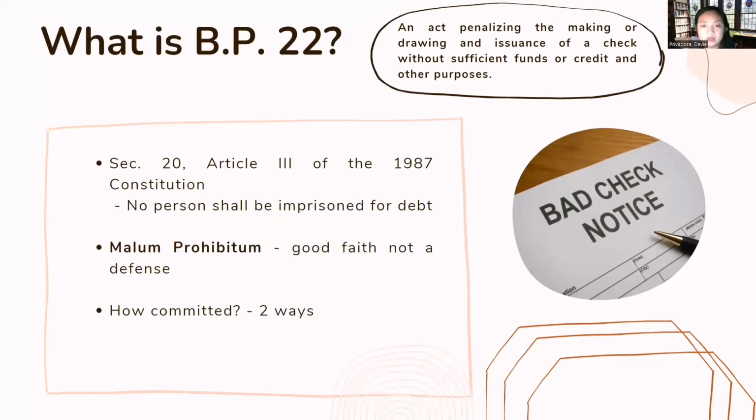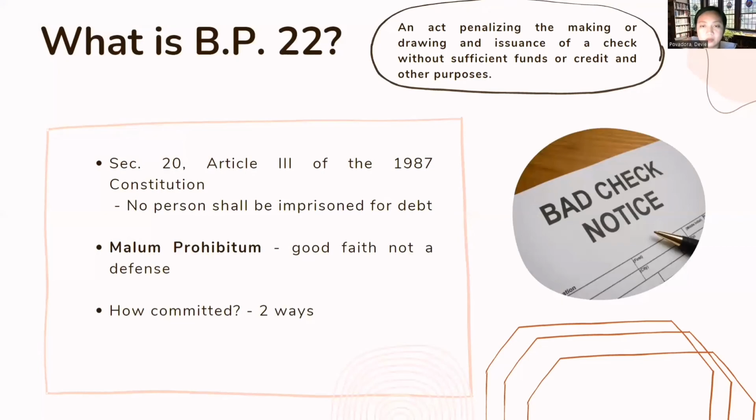The elements of the second manner are as follows. First, the issuer has sufficient funds in or credit with the drawee bank at the time he makes or draws the check. Second, he fails to keep sufficient funds or to maintain credit to cover the full amount of the check if the check is presented within a period of 90 days from the date appearing therein. And lastly, the check was dishonored by the drawee bank.